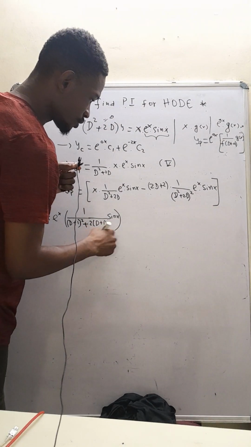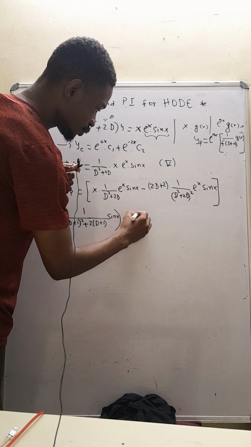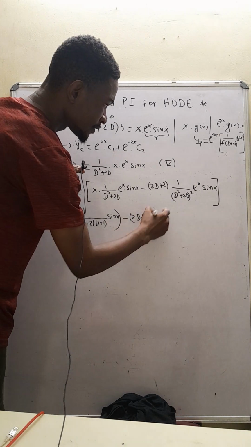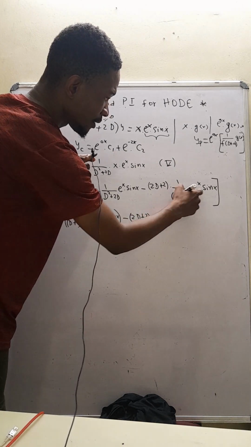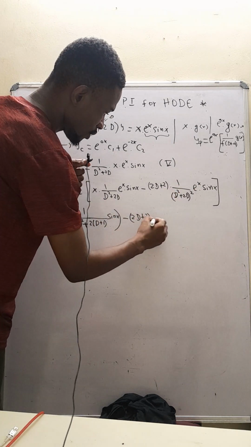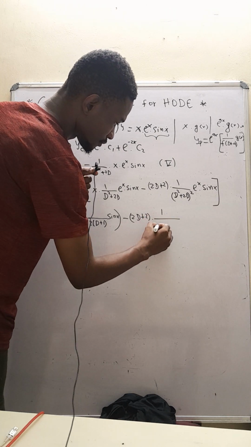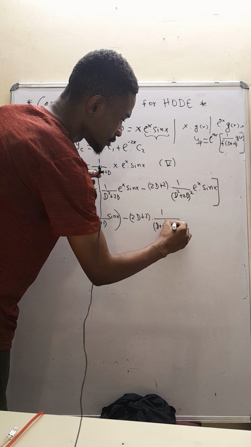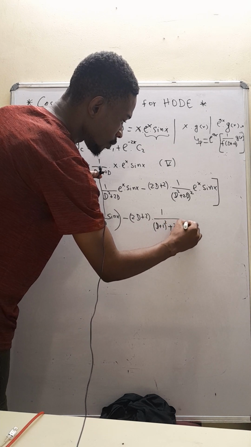Now let's go for the second term, like this is with 2d plus 2. Now here, put the same, d plus 1 square plus 2d plus 1.